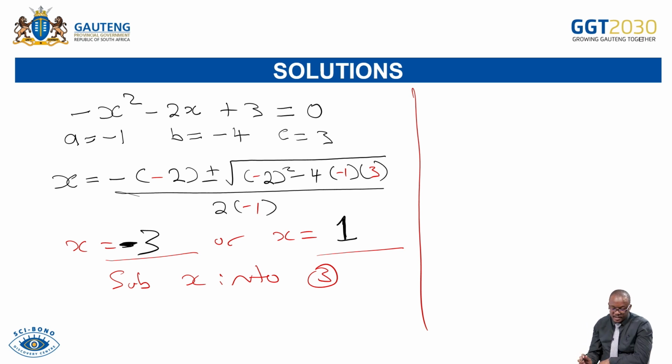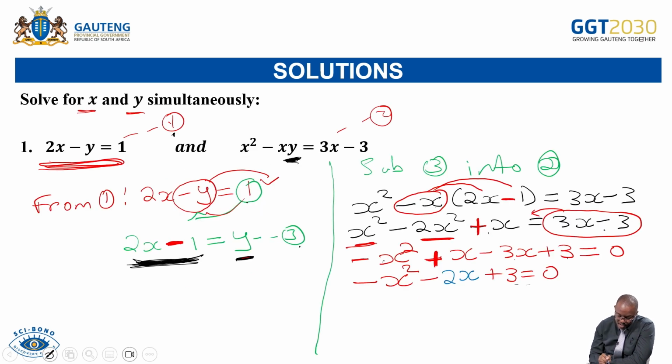So it's -3 and 1. So please be careful. When I was transposing this one, I put it as positive instead of putting it as -1. So I fixed it, and that's how it is going to look like.